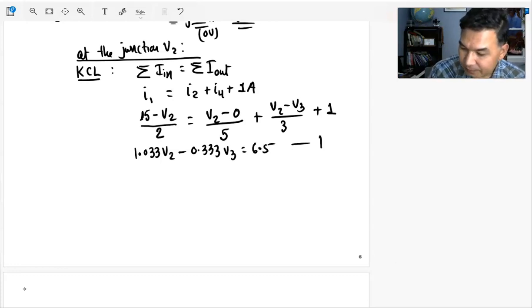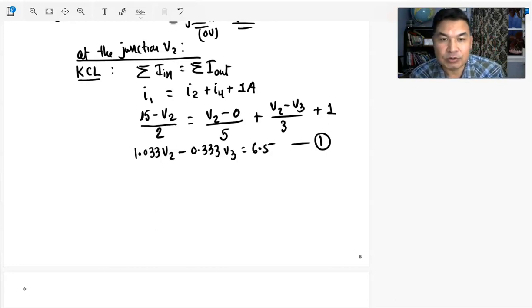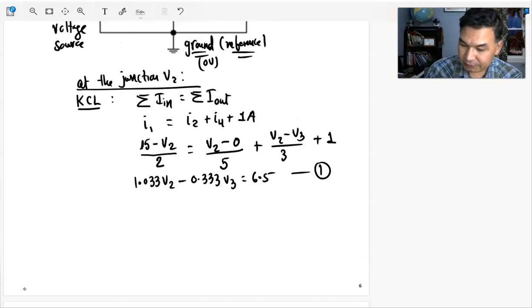So you get one equation in terms of V2 and V3. Remember, you have two unknowns, so you need one more equation. It's a two unknown, two equations problem. Then you can solve both unknown voltages V2 and V3. So this is your first equation, which we're going to use later.